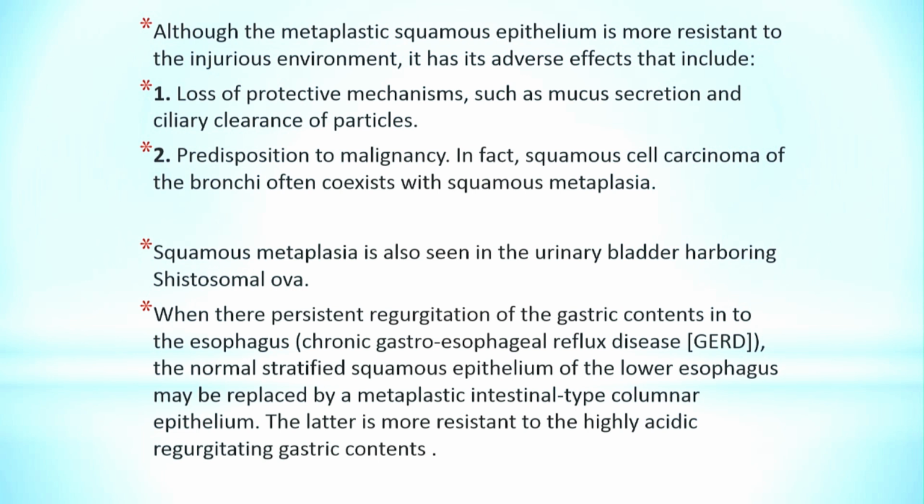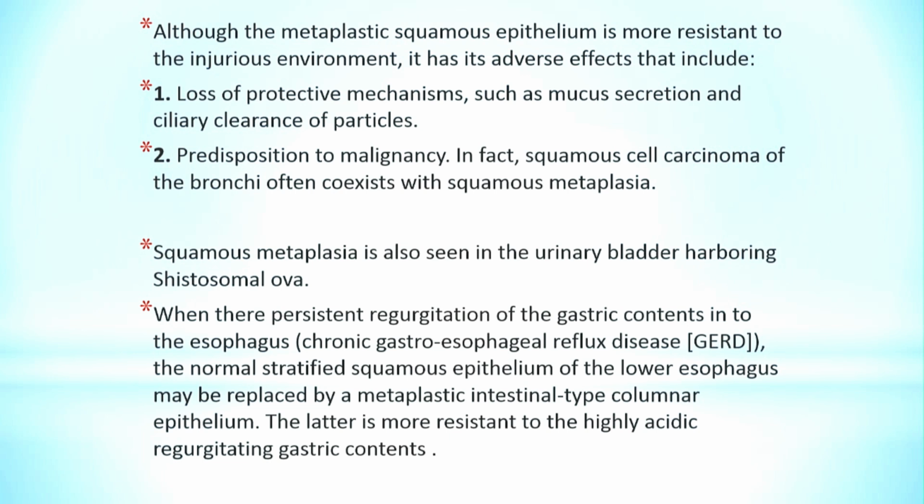Although the metaplastic squamous epithelium is more resistant to the injurious environment, it has adverse effects that include, first, loss of the protective mechanisms, such as mucus secretion and ciliary clearance of particles, which are normally present in the trachea. Second, predisposition to malignancy. In fact, squamous cell carcinoma of the bronchi often coexists with squamous metaplasia.